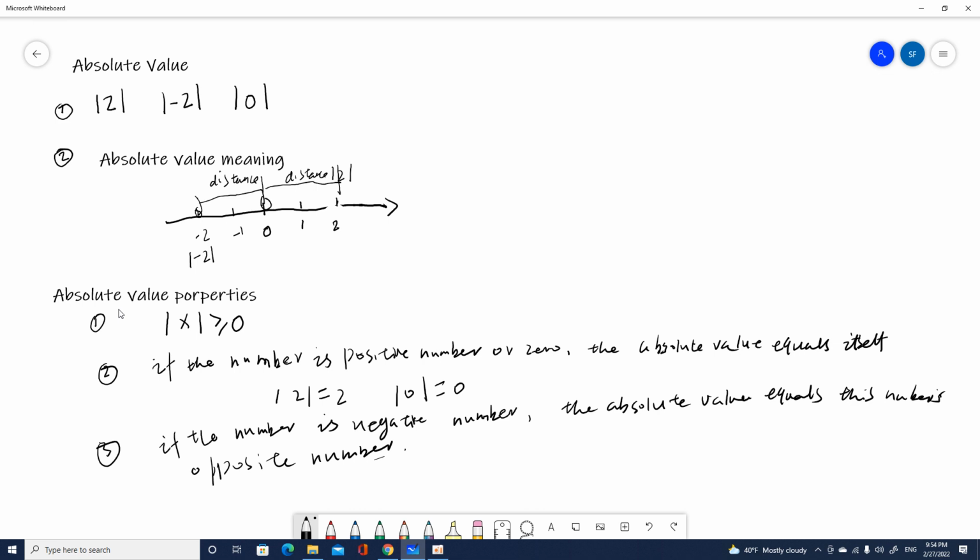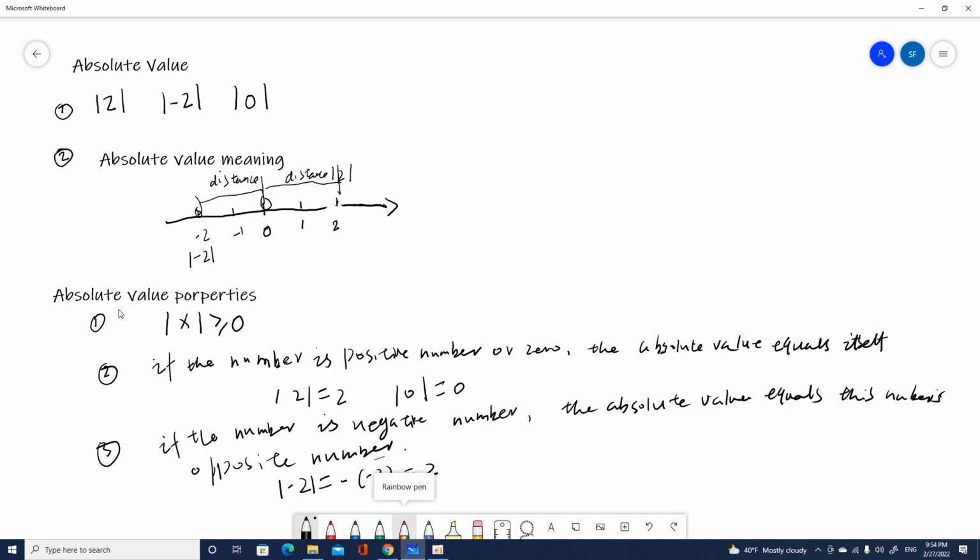For example, here we want to find the negative number's absolute value. Basically, negative 2's absolute value equals, you see, negative to a positive number, so that is 2.